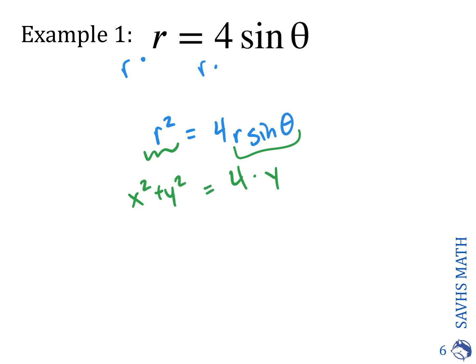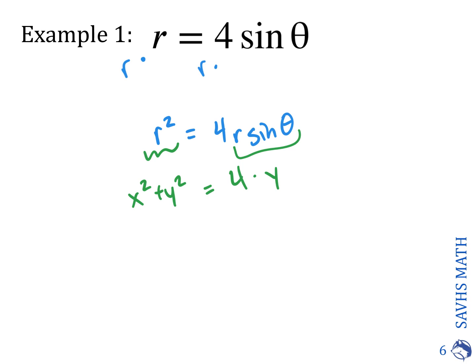I'm getting to the point of being happy about this equation, but I'm not quite done yet. I want to get it to look like a form of an equation that we've seen before. What I have written right now is officially in rectangular coordinates, so I could circle that and say that's good enough.